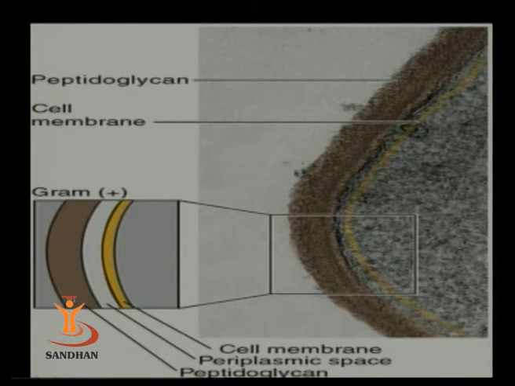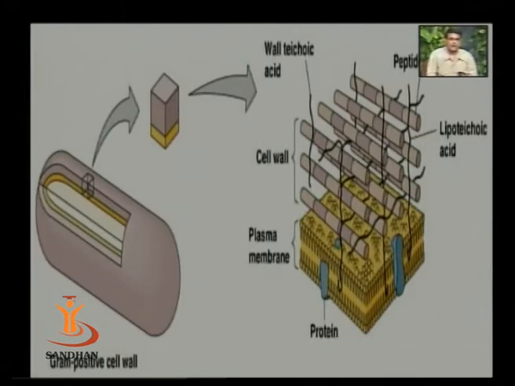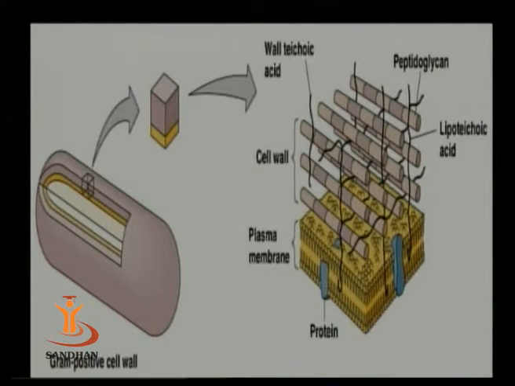Now if you see the picture of the gram positive cell wall, you will find mainly two layers arranged on the cell membrane, the periplasmic space and peptidoglycan. This peptidoglycan is a unique polymer, as I have already discussed, and the gram positive bacterial cell wall contains teichoic acid.